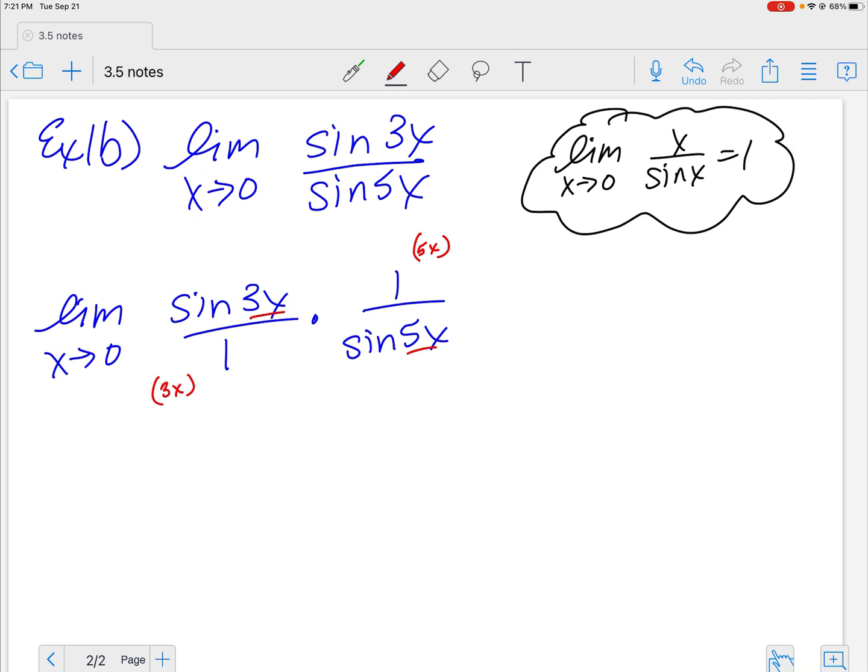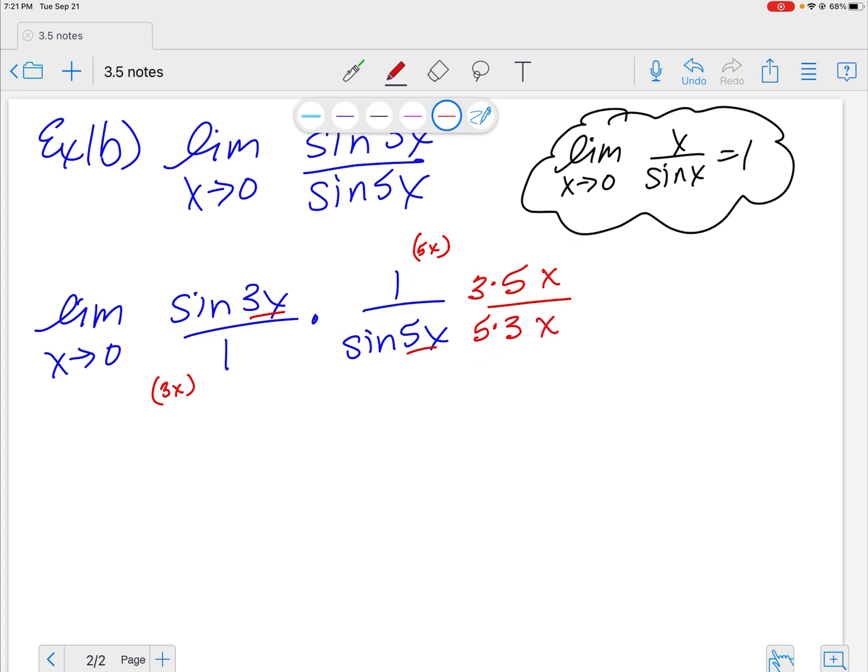But in order to pull that off, I need a 5x on the top and a 3x down below. In order to multiply this out, I have to have the same thing. So I multiply the top by a 3 and the bottom by a 5 so that it's the same. I now have 3's, 5's, and x's. So 15x and 15x. It's the same. Do you see that? As long as you multiply by the exact same thing on the top and the bottom, that's all that matters.